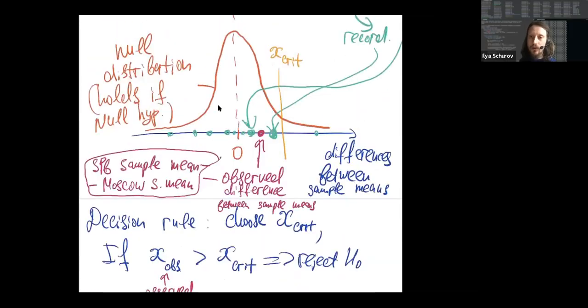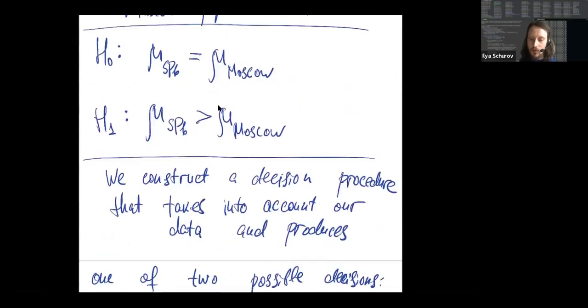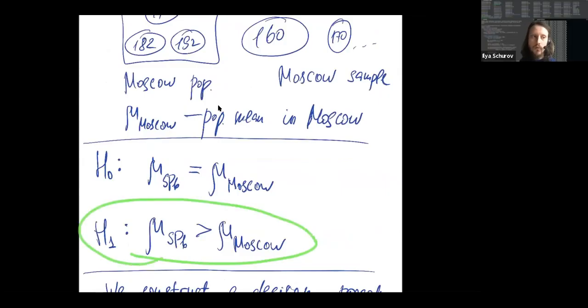Actually, sometimes we are interested in this kind of alternative. For example, if we test a drug, we are interested: is it true that this drug makes you feel better, makes you recover faster?